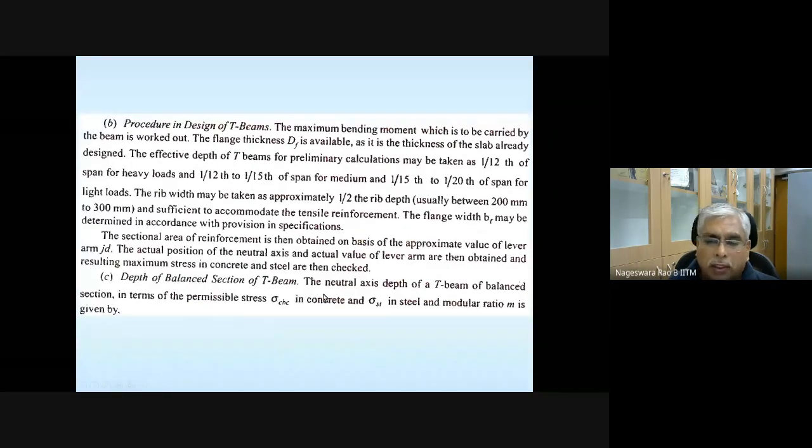Okay, and if you know the permissible stresses in steel and permissible stresses in concrete, you can calculate what is the modular ratio, and you can also, for a balanced rectangular section, calculate the neutral axis depth if the permissible stresses are given. And a T-beam, you can assume it to be a rectangular beam if the neutral axis depth falls within the flange region.